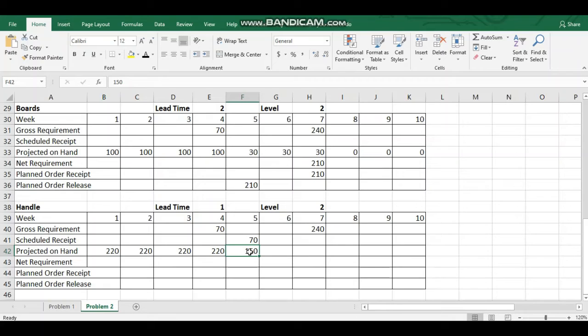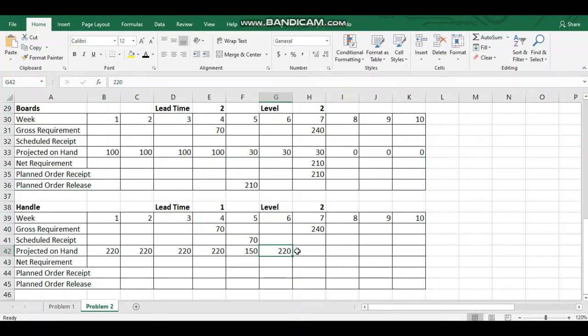But here, don't forget, in week 5, we also have scheduled receipts of 70 units. So in week 6, our inventory becomes 220. Okay, we get it by adding the inventory or projected on hand with the scheduled receipt.